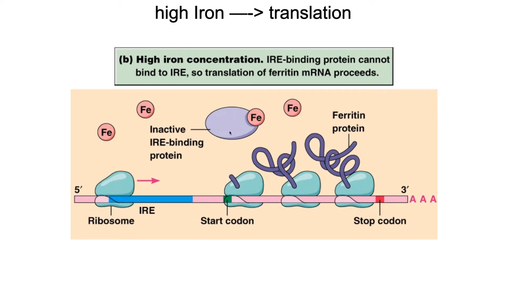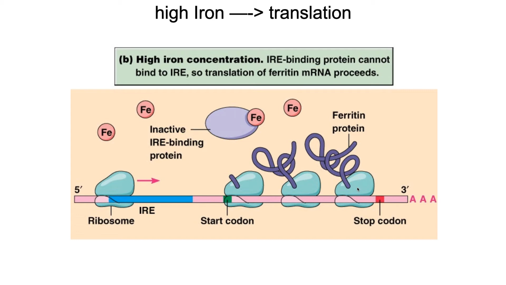That protein is no longer active. It can no longer bind to the IRE, and therefore the ribosome can now bind and start making protein. Now ferritin can start soaking up some of that excess iron, delivering it to the lysosome, and thereby getting rid of it.